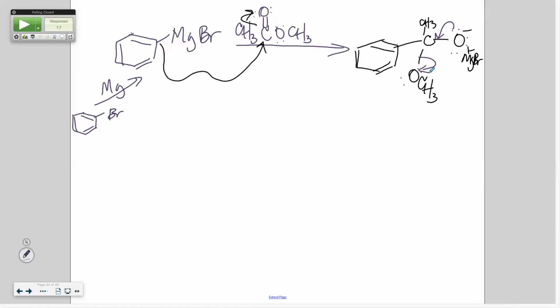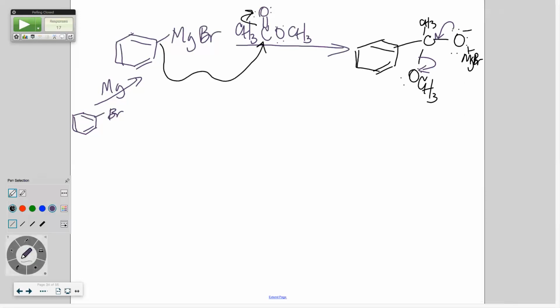You can't do that with a regular carbon. You can't do that with a hydrogen. You have to have something like a heteroatom. So what's a heteroatom? An atom other than carbon or hydrogen. So you have to have an O, a halogen, I guess a sulfur, but we're going to worry about O's and halogens.